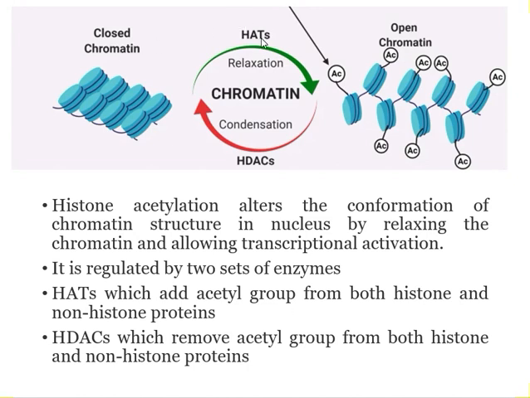Here you can see acetyl groups on the histones. This is applicable to the non-histone proteins also. They are acetylated, and now their bond with DNA is weakened. So, now the DNA is open for transcription. The HATs cause relaxation and you get an open chromatin which is ready for transcription.